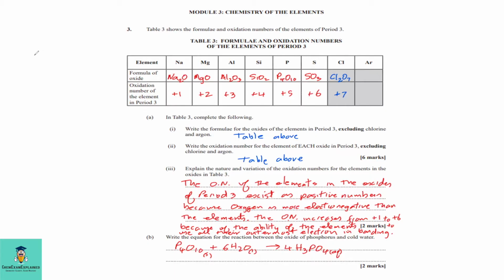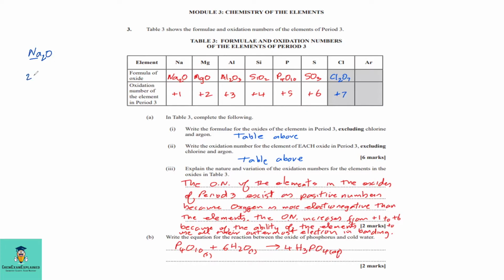So let's start with sodium. So that's Na2O. From the rules, we're trying to find out what Na is. We know that oxygen is always -2 except when it is a peroxide.